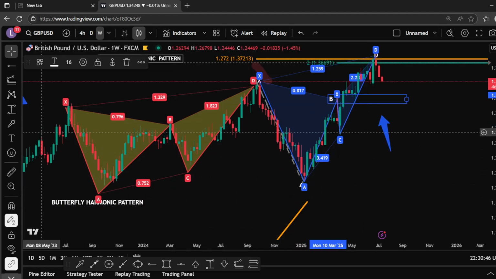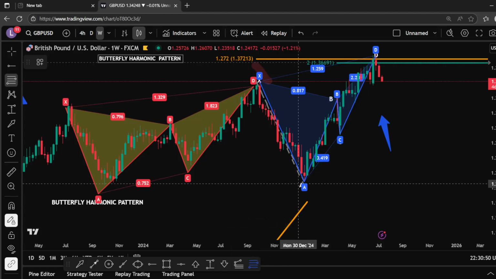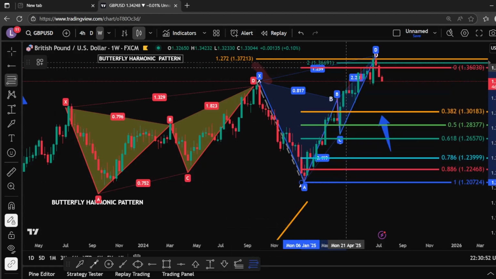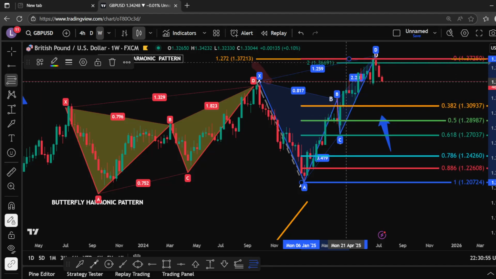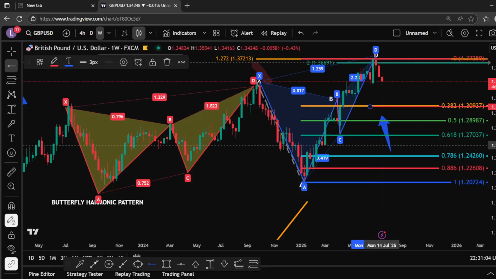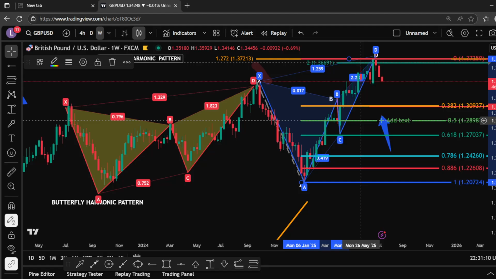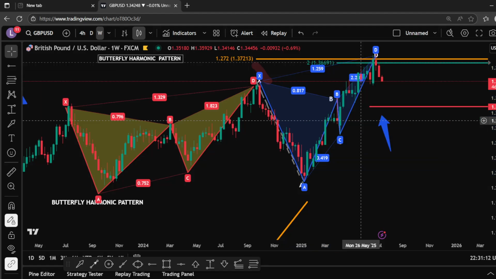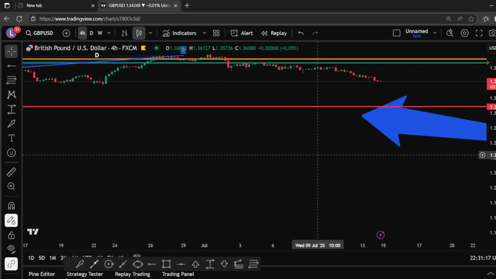To take your profit, you take the FIB retracement, you go from A to where it completed, and then your first take profit is at 0.382, which I always do. I only take one take profit. I do not go for second take profits. So this is where my profit is at, 0.382.